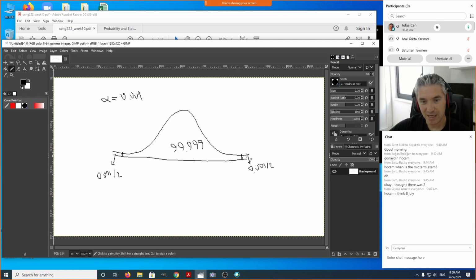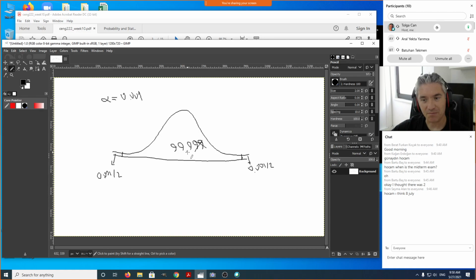So this is the probability of making a type 1 error.